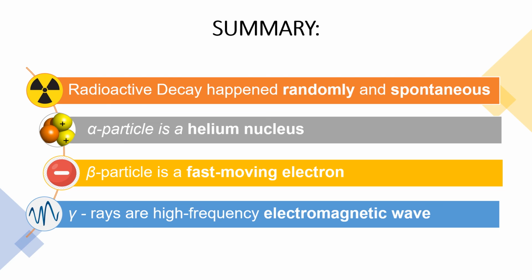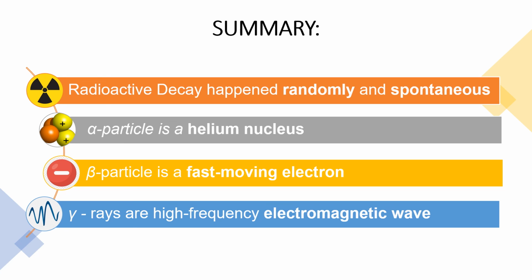And last but not least, gamma decay emits gamma rays, which have high frequency and are also known as electromagnetic waves. In gamma decay, it releases energy for an atom to become a more stable element.